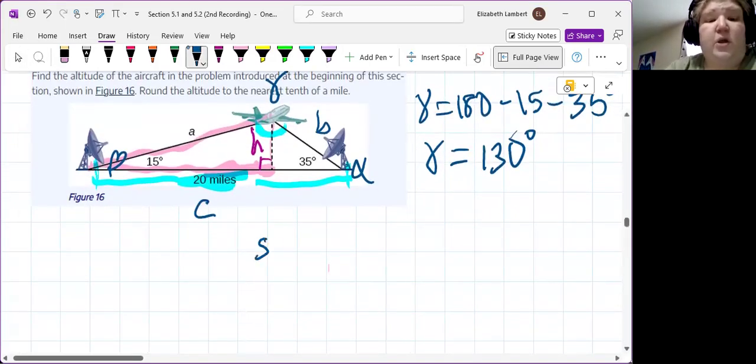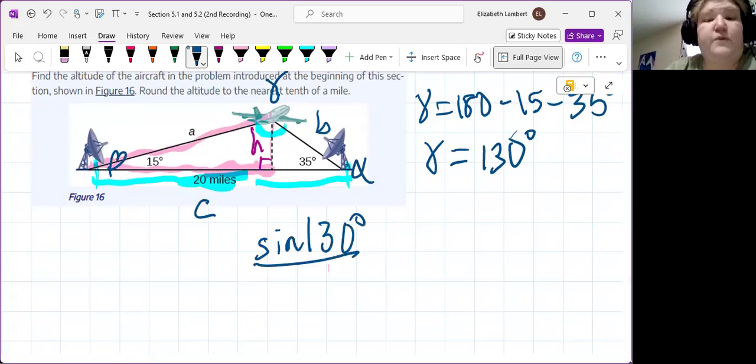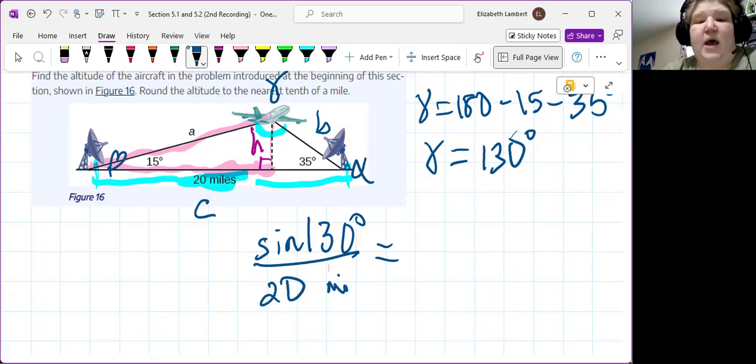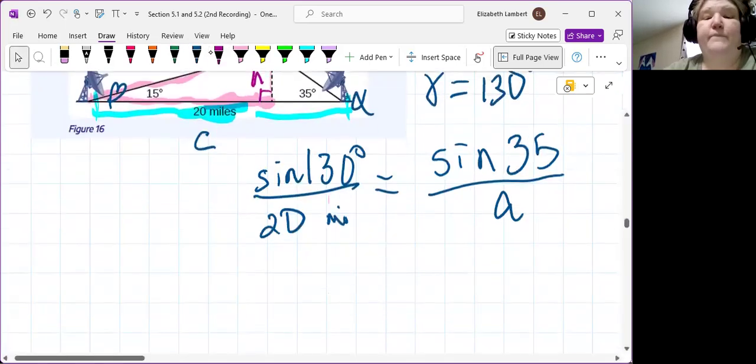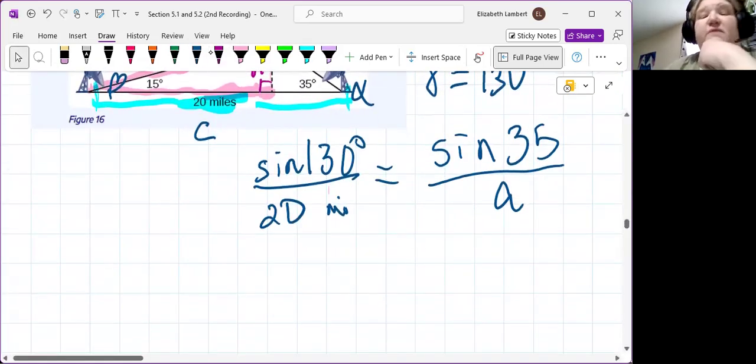But remember law of sines, so it's the sine of 130 over 20 miles is, now if I want A, I need to use that angle opposite it. So sine of 35 over side A. Cross multiply, divide.